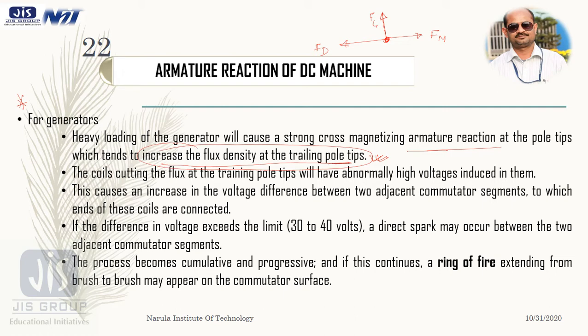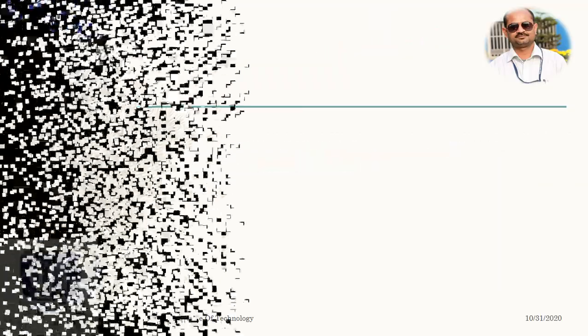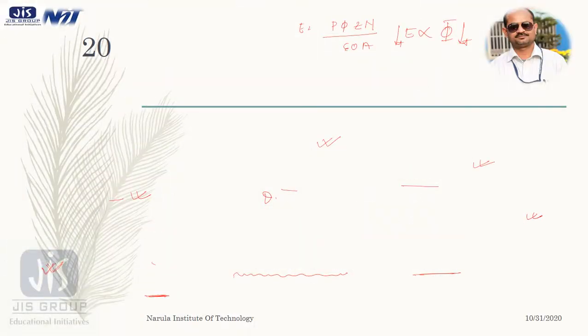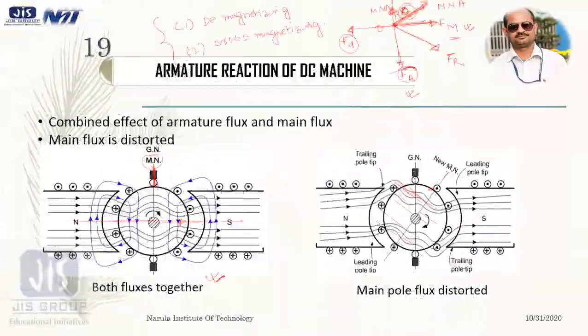There are basically two pole tips: one is called the trailing pole tip, and the other is called the leading pole tip. Let me go to that figure again. So this is my trailing pole tip. What is the definition of trailing pole tip and leading pole tip?